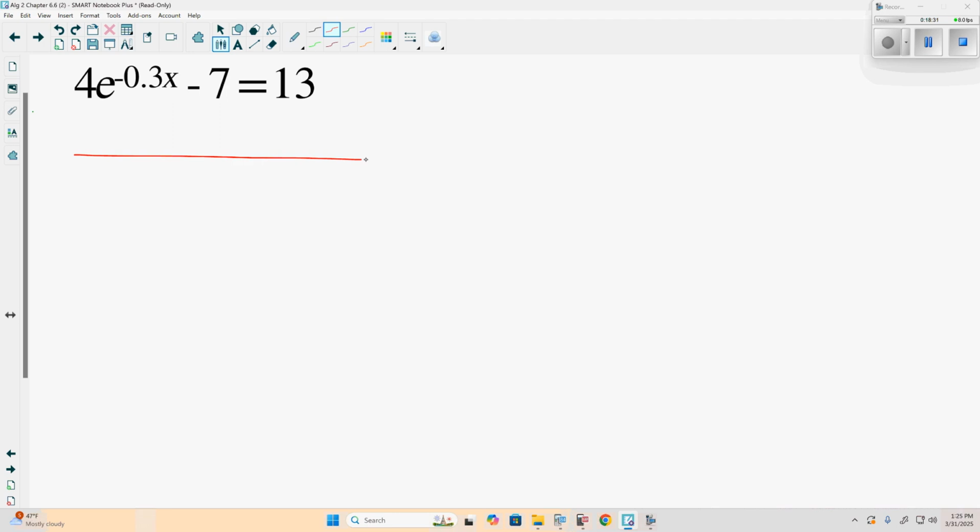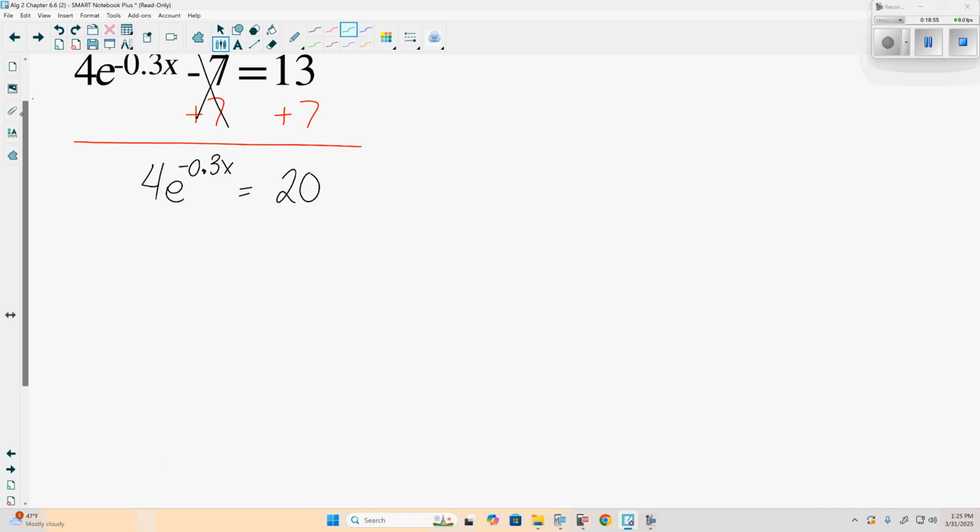So the first thing we can do is add 7. So on the left-hand side, our negative 7 plus 7 will simplify out, leaving us with 4e to the negative 0.3x equals 20.